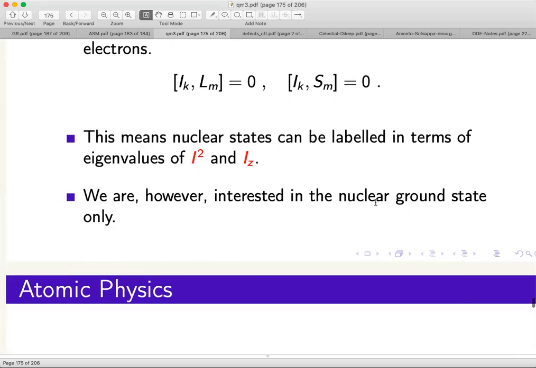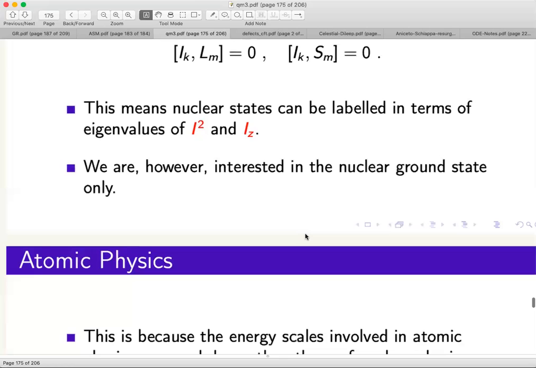Now, the fact that we are interested in the nuclear ground state does not necessarily mean that the ground state has to have I equal to 0, simply because I is a complicated combination of orbital angular momenta of all the protons and neutrons constituting the nucleus, as well as the spin angular momenta of individual protons and neutrons undergoing a vector addition. So how a specific value of I is arrived at is not our concern. All that we need to know is what is the value of I.